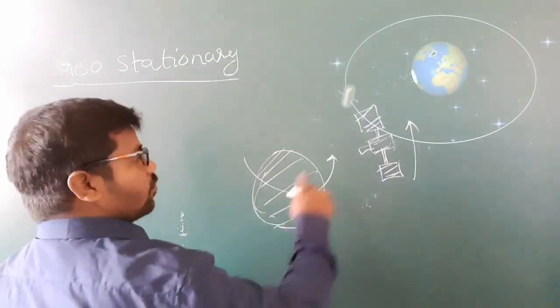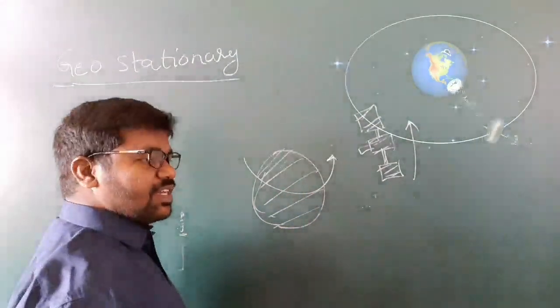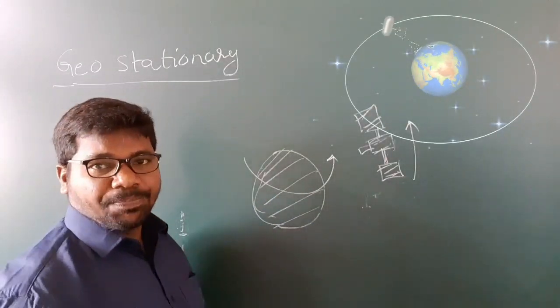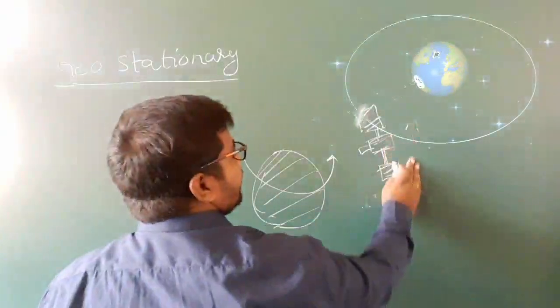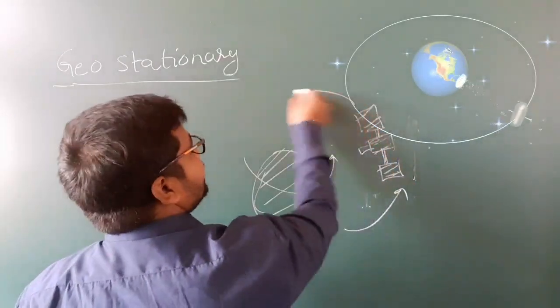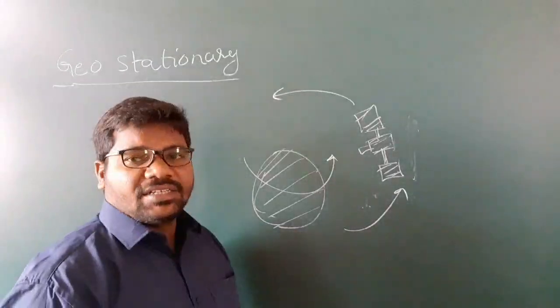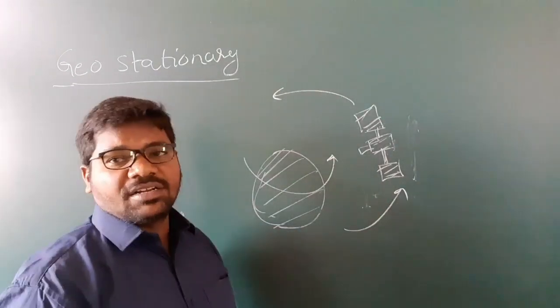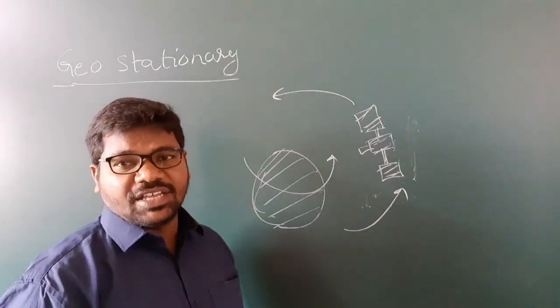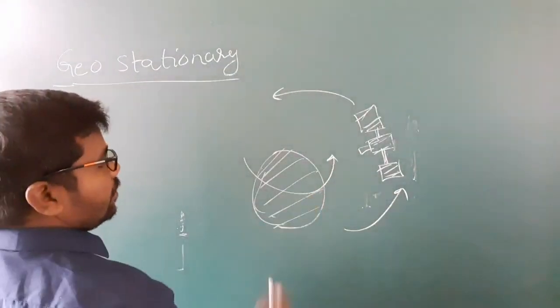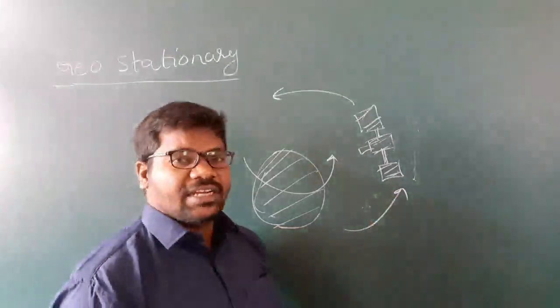So with respect to one another, observed from the earth or from the satellite, both become stationary. With respect to the earth, the satellite is at rest, which means the time period of the earth is equal to the time period of the satellite.